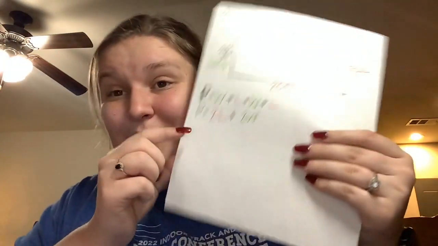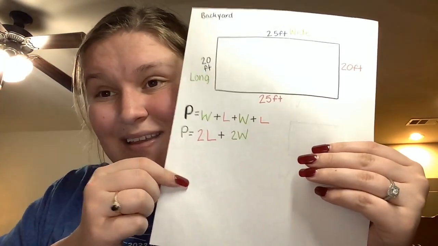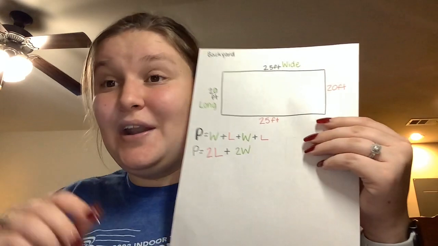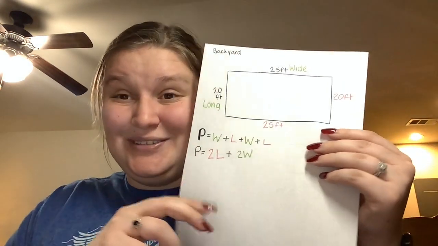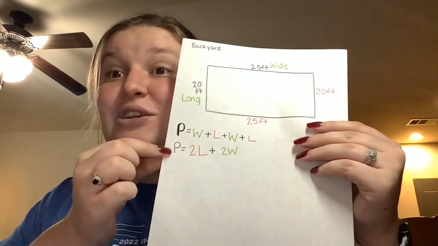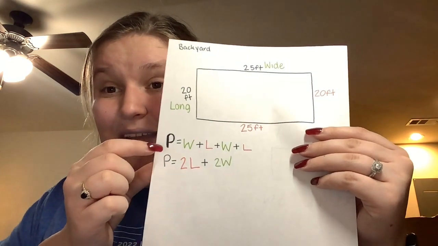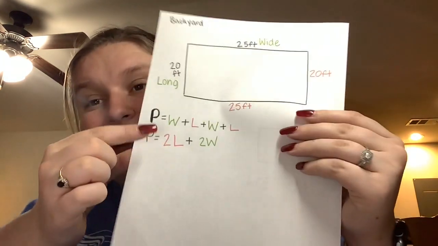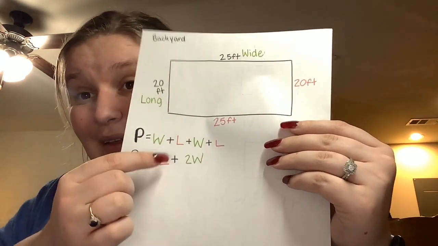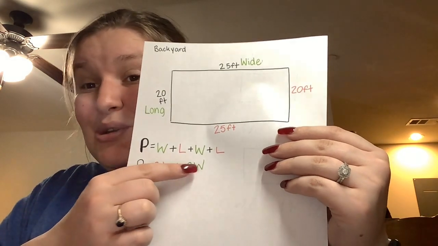So y'all remember how to multiply, right? Okay, so now we're going to plug in for our answers. Now that we have this, this is our formula. It is P, perimeter, equals 2 lengths plus 2 widths. So we're going to put in our answers.